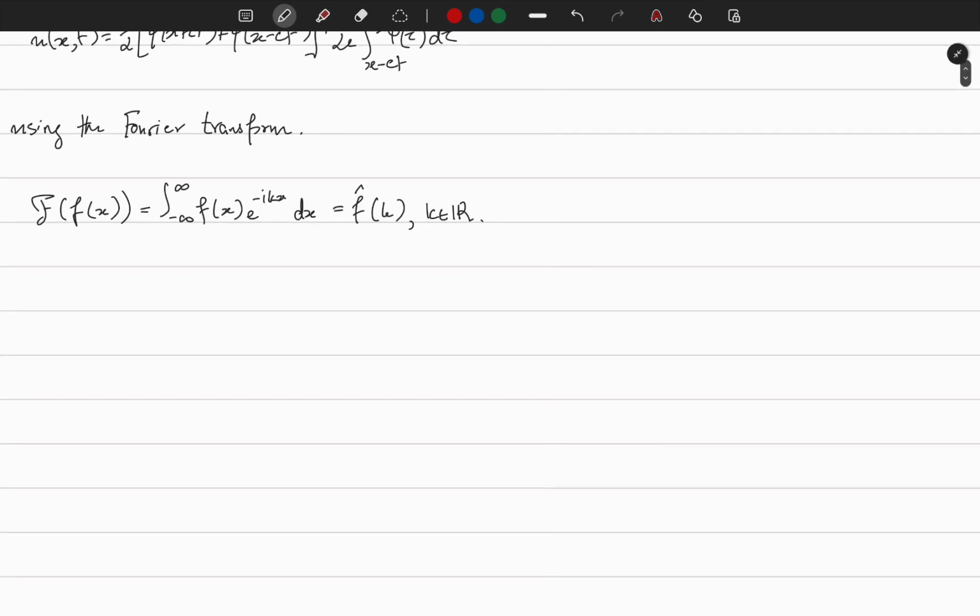So we have the Fourier transform, but we also need to know what happens when we take spatial derivatives and time derivatives. What will happen then?